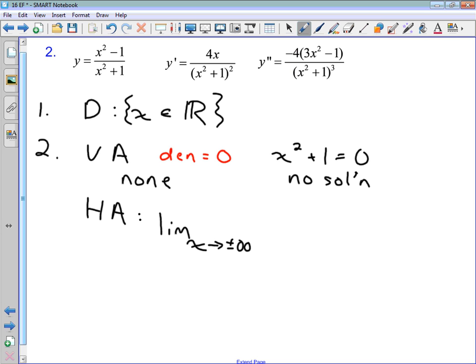My highest power of x is x squared, so I'm going to end up with x squared over x squared minus 1 over x squared, all divided by x squared over x squared plus 1 over x squared.